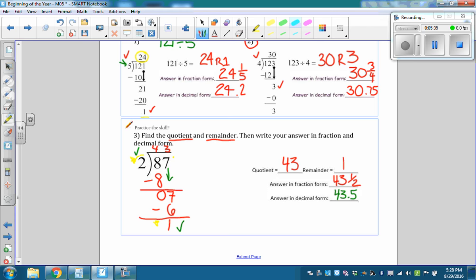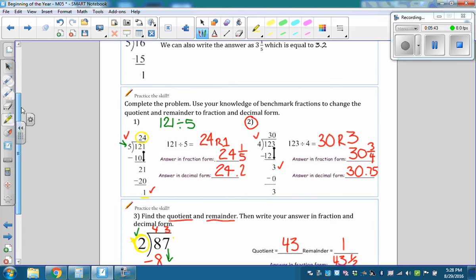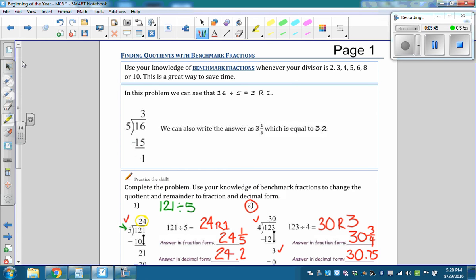So this strategy of just jumping right to the decimal answer is useful whenever your divisor, the number outside, is a benchmark fraction. So at the top of this page, whenever your divisor is a 2, a 3, a 4, a 5, a 6, an 8, or a 10, you can jump right to your decimal answer if you know your benchmark fractions.